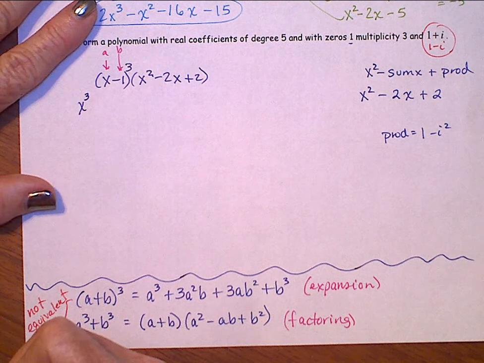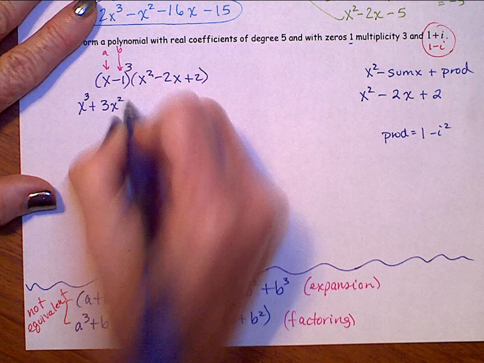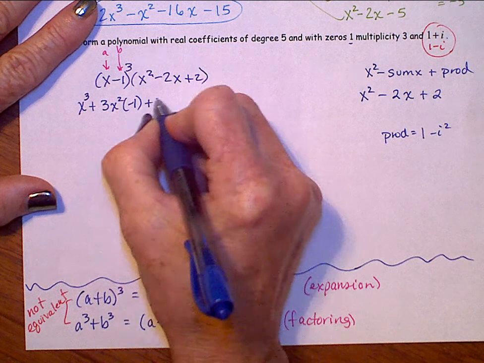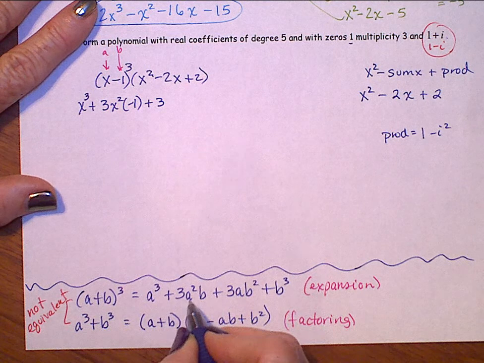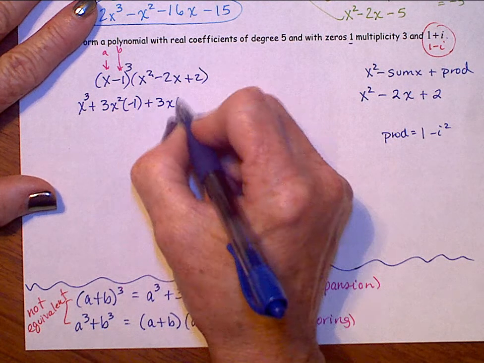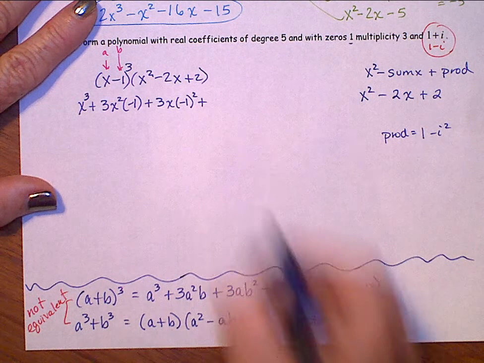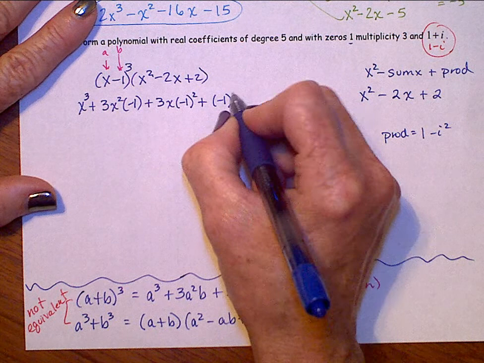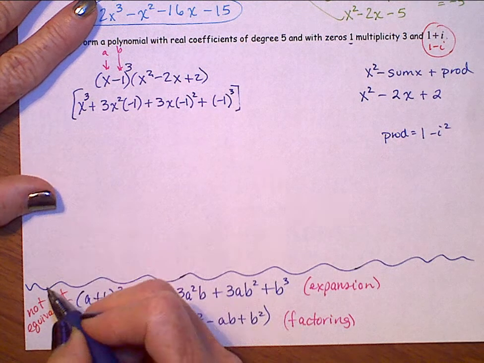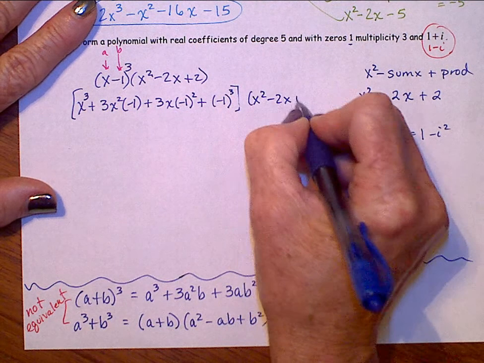That's like the a cubed. Plus 3 times the a squared times b to the first, so negative 1, plus 3a, which is 3x, times b squared, so a negative 1 squared, plus b cubed, negative 1 cubed. That's all times this x squared minus 2x plus 2.